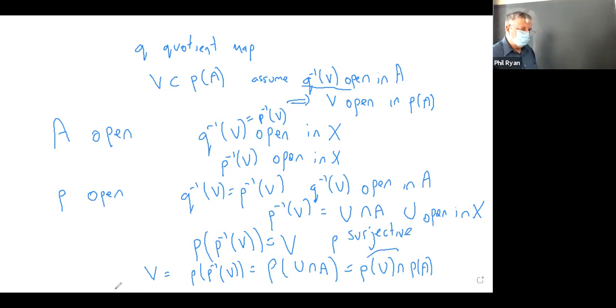So that shows us then it's an intersection of open sets. So this shows that this is open in P of A, which is exactly what we wanted. So this is an open set, and we're intersecting with the subspace we're in. So this is an open subset of the space P of A. It's open in P of A. Whew. Okay.